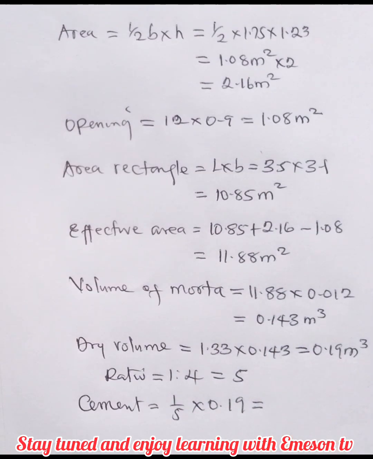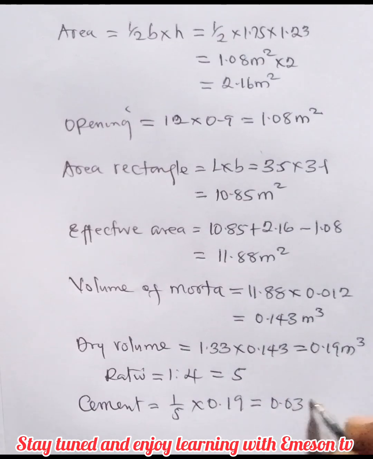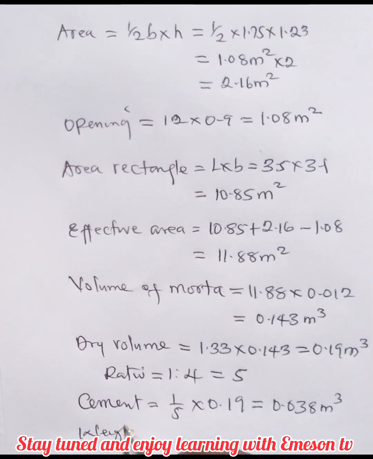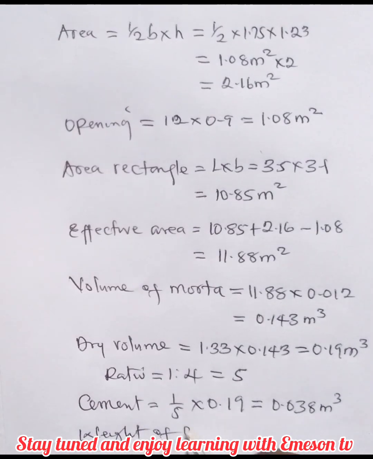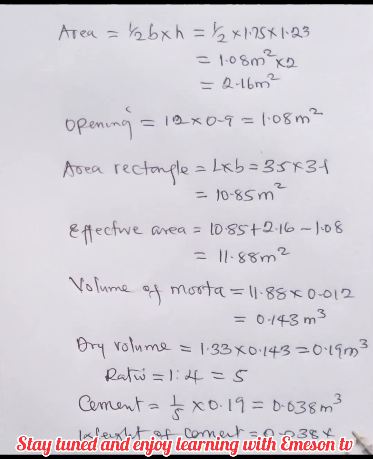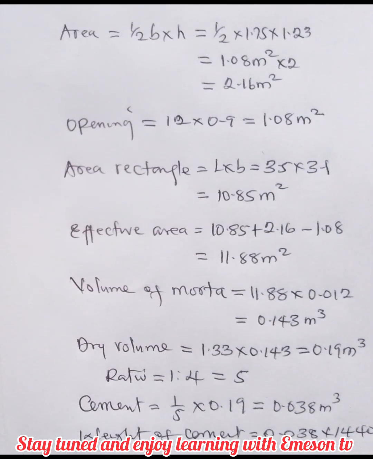So the volume of cement in this mix is 0.038 meter cube. So weight of cement becomes 0.038 multiplied by the density of cement, 1440 kilogram per meter cube.